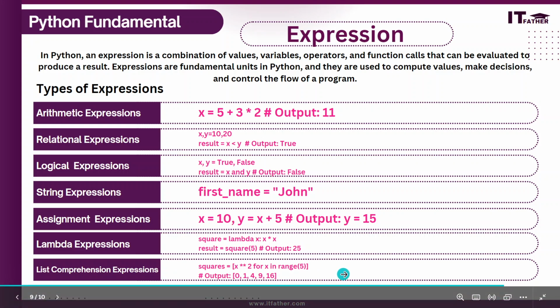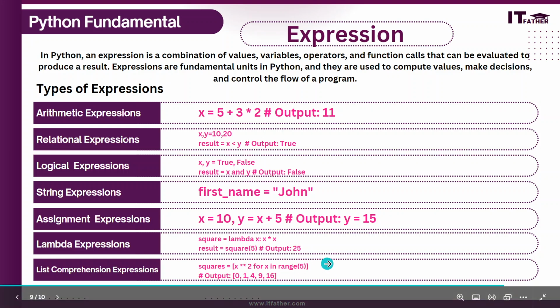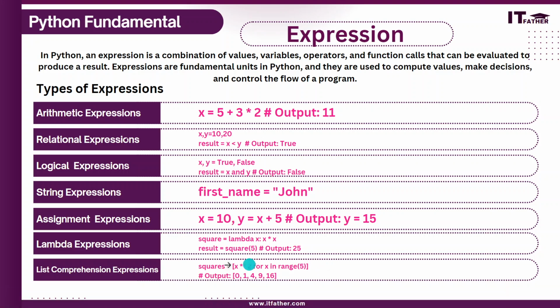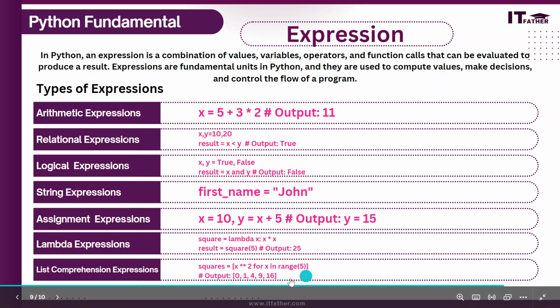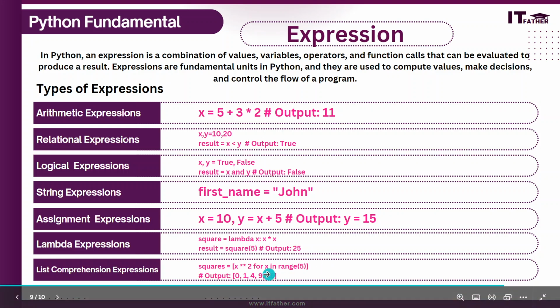Now we have list comprehension expression. List comprehension is also one of the very important parts of Python, where a sequence of a list can be generated using a list comprehension expression. In the example we have given, x into 2 for x in range 5, means for x in range 5, first of all this will be evaluated, and if the condition is true, then x into 2 will be executed.